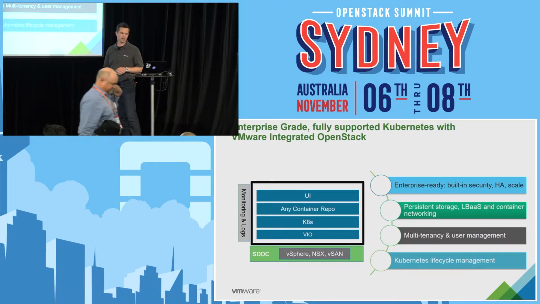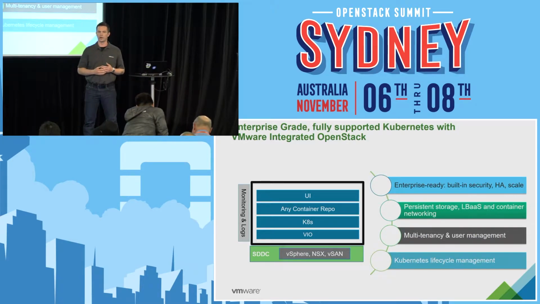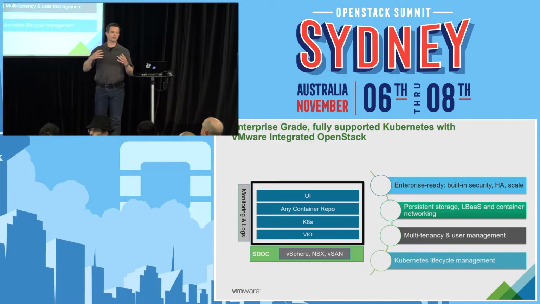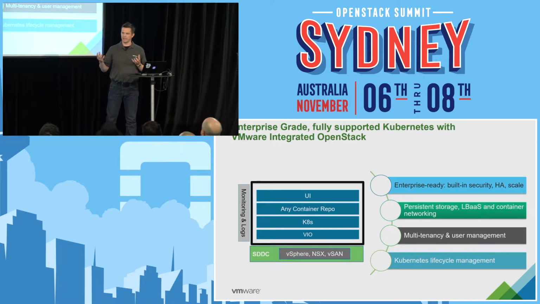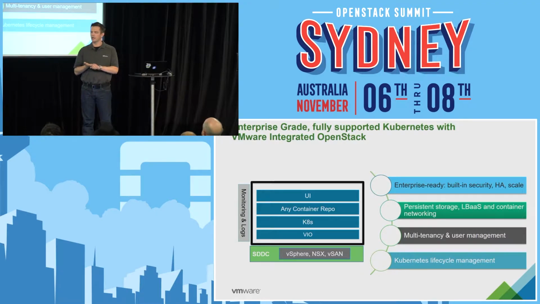Some of the enterprise-ready features with built-in security, HA, scale, easy to deploy, we can take with us from our OpenStack distribution. And then we wanted to make sure that the container platform can take advantage of some of the goodness that we all know and love with OpenStack in terms of multi-tenancy, using Cinder-backed persistent volumes for storage, Keystone integration for authentication and authorization, and extending that to the container platform.